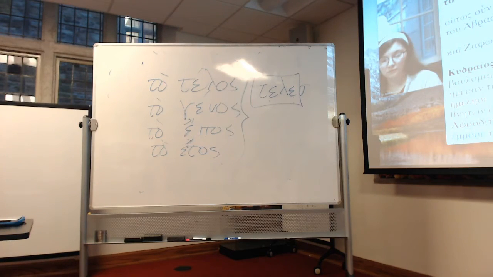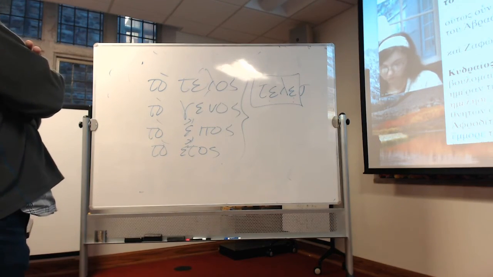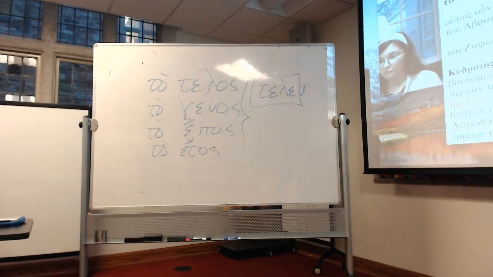All right, so ho kuriaios lege, nun alon muthon peri ton theon exegesthai boulomai. Okay, so let's work on that. Nun, now. Alon muthon. What is allos?